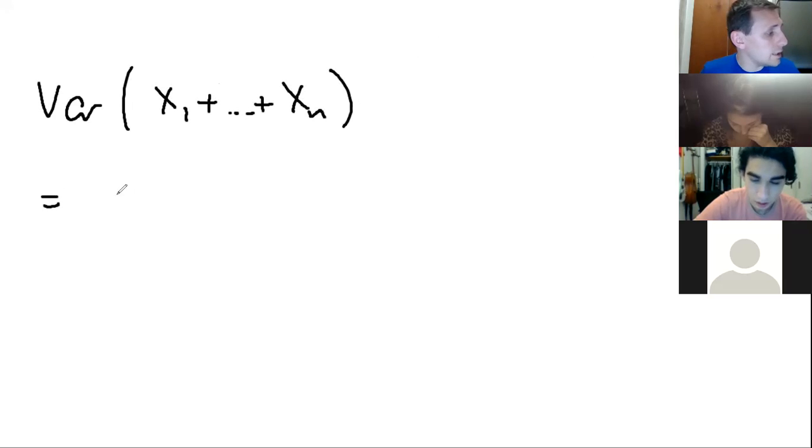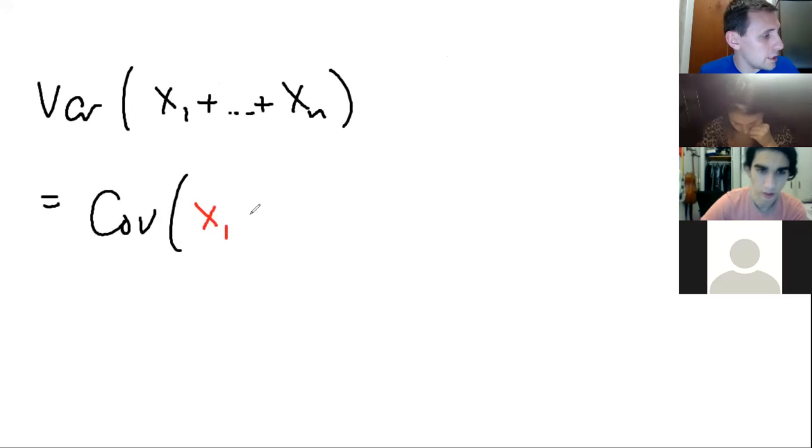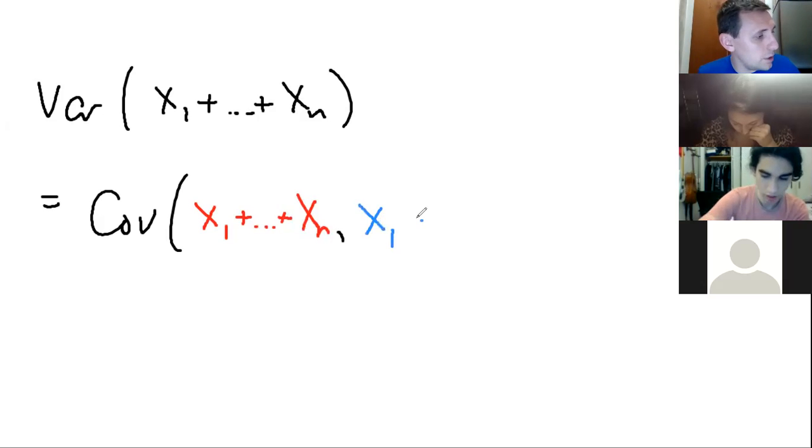This I can write as the covariance of what? Covariance of, let me color the first bunch as x1, the reds, against the blues. The reds are x1 plus ... plus xn, and the blues are x1 plus ... plus xn.